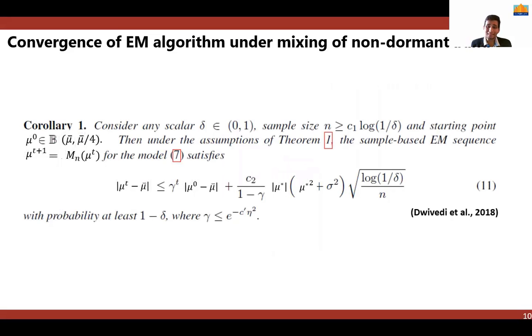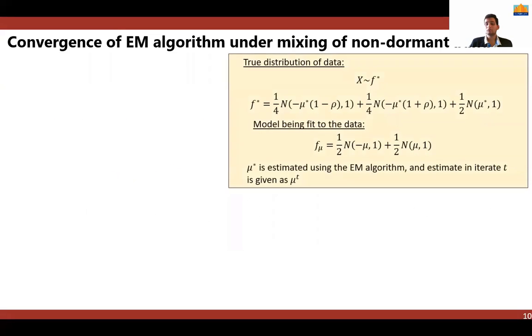Now, due to the incorrect number of components chosen, the estimates don't converge to the true value anymore, but instead converge to mu bar, which will be defined shortly. The convergence rate here is inversely proportional to the square root of sample size. In this numerical example, the true distribution F star has 3 Gaussian mixing components, with the true centroids being a function of mu star and the separation given by rho.